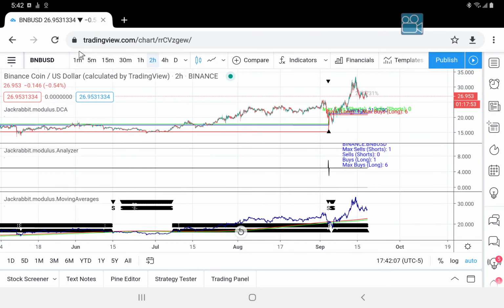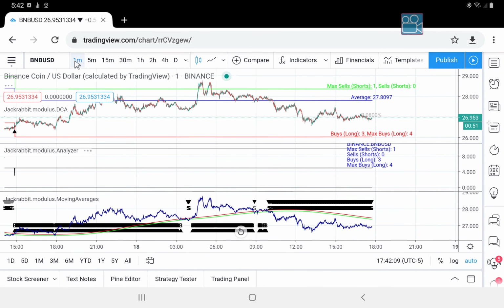Now you could always go to a more aggressive situation with the price method, and I encourage you to look at those charts.